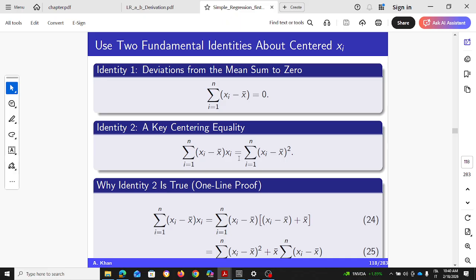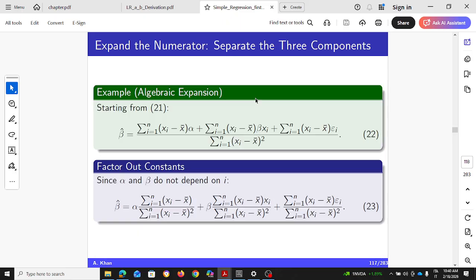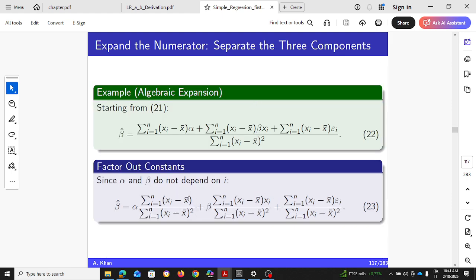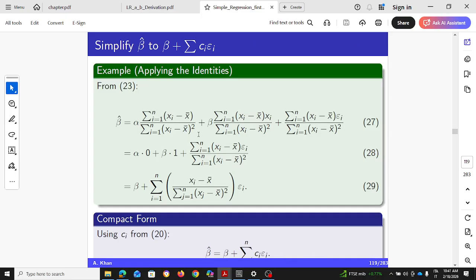This is another identity which we can prove just by adding here xi minus x bar. We can prove this identity is equal to this. If you want to know, I have the proof here, we can discuss after the lecture. So we will use these two identities here. In place of this we will use this identity, and for the others we have 0 here. This term is 0, the summation of this is 0, so 0 multiplied by alpha.